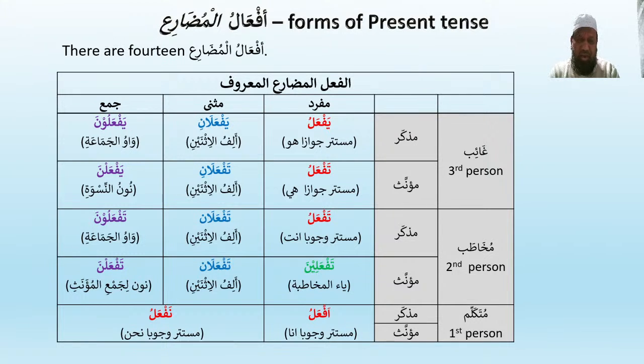So as we said, if you want to learn this way, or if you want to learn group-wise, like all the red color forms are in one group, because nothing is added to these sighas.